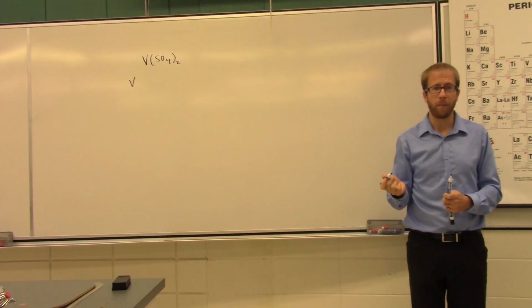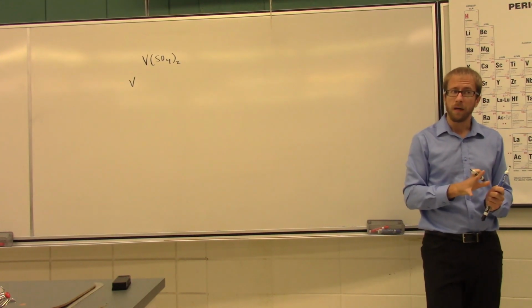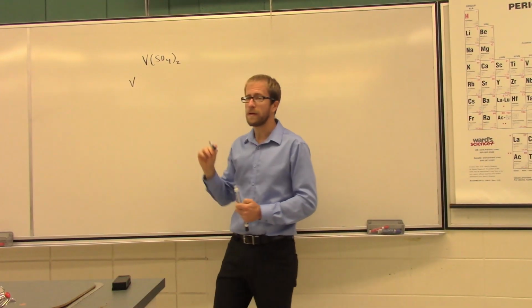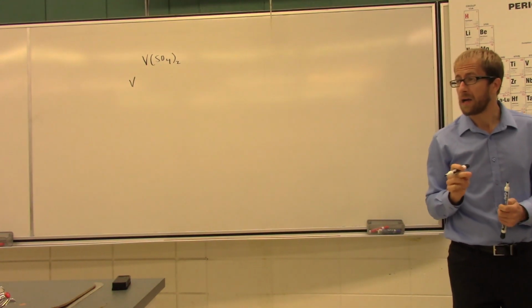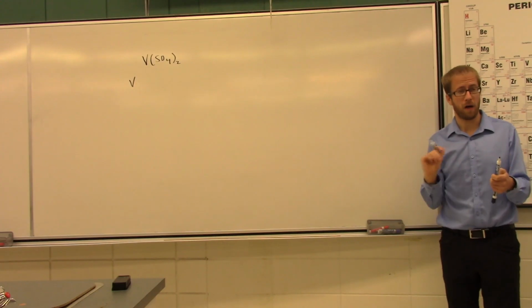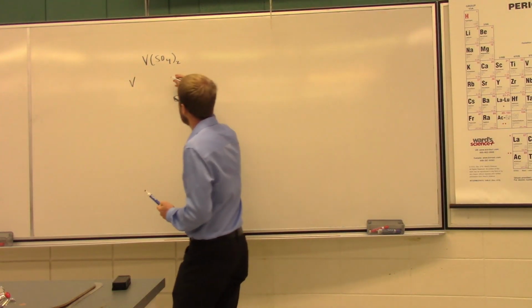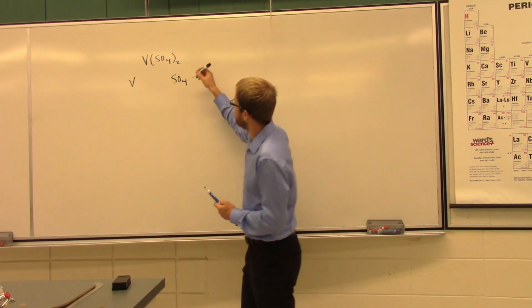All of the covalent compounds we explore are going to be binary covalent. So if you see a chemical formula that has more than two different elements in it, then you know you have a polyatomic ion that you have to check your table of ions for. So you're right, we have sulfate. What is the charge on sulfate? 2 negative.